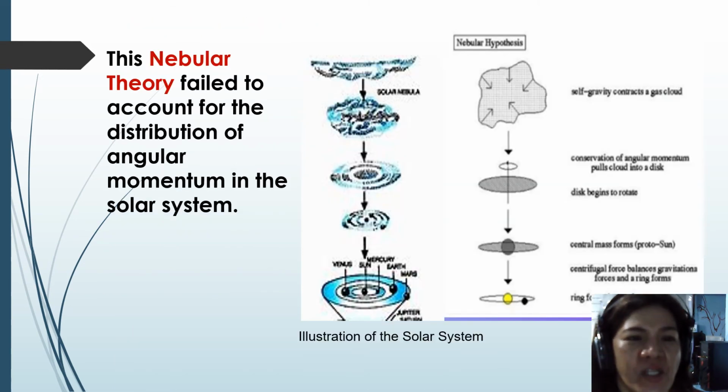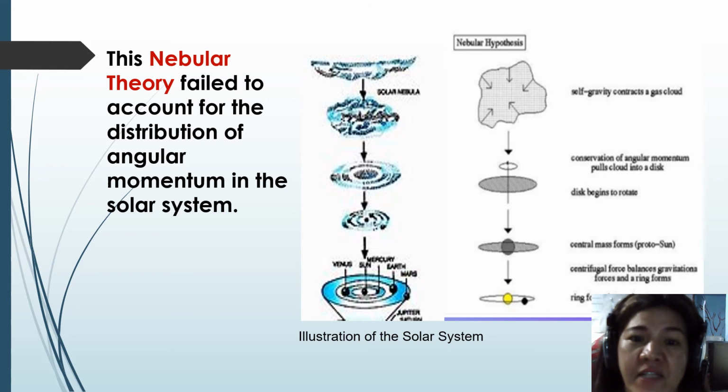Okay. So, this is now the model of the nebular theory, or nebular hypothesis. So, you can see here how it started from self-gravity contracts as a gas cloud. So again, it started with a gas cloud. Then conservation of angular momentum pulls the cloud into a disk. This begins to rotate.